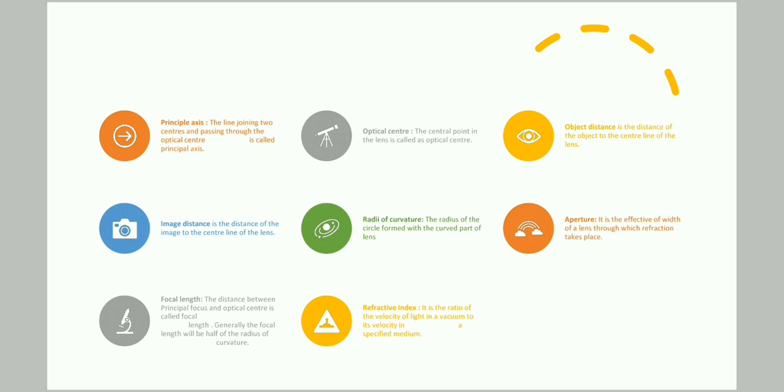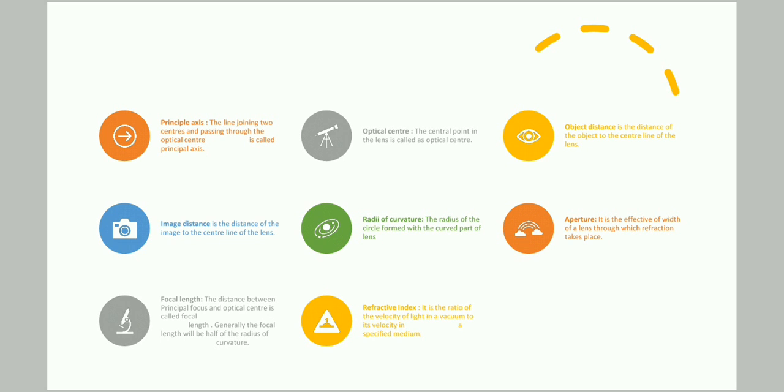The optical center is the central point of the lens. The object distance is the distance between the object and the lens, and the image distance is the distance between the image and the center line of the lens.